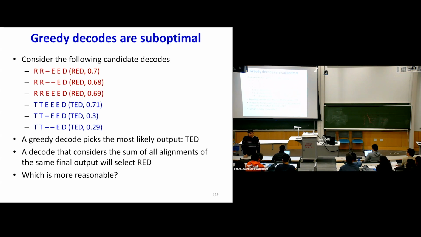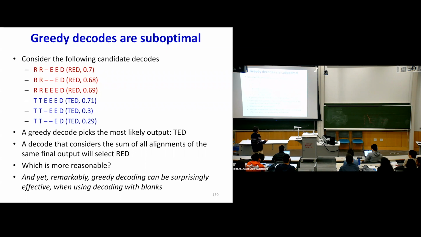So intuitively, even though the most likely red is slightly less probable than the most likely TED, what you really want over here is a red. A greedy decode that picks the most likely output picks TED. A decode that considers the sum of all alignments of the same final output will select red, right?